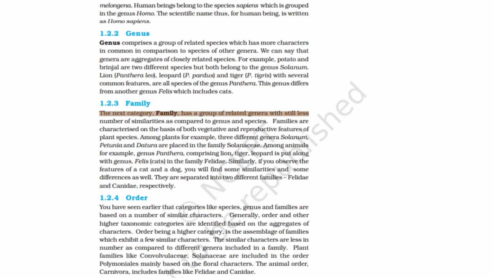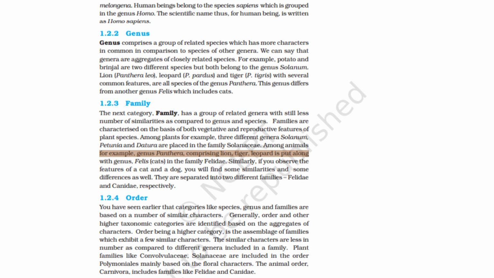Family. The next category, family, has a group of related genera with still less number of similarities as compared to genus and species. Families are characterized on the basis of both vegetative and reproductive features of plant species. Among plants, for example, three different genera, Solanum, Petunia, and Datura, are placed in the family Solanaceae.